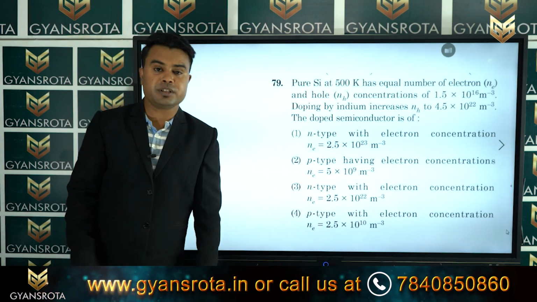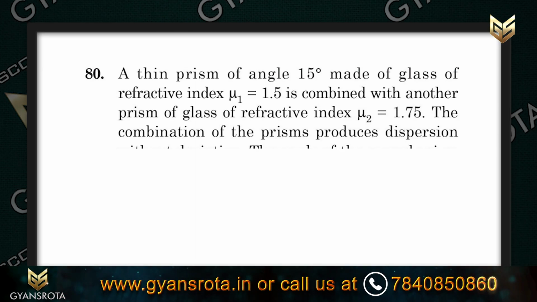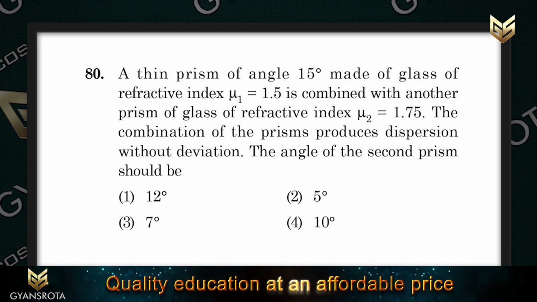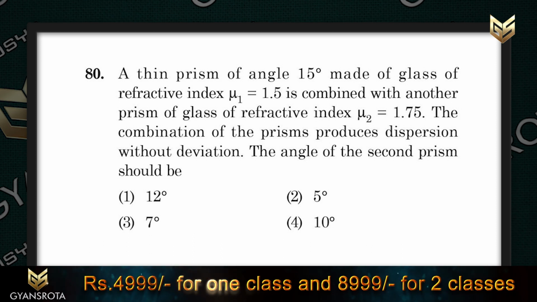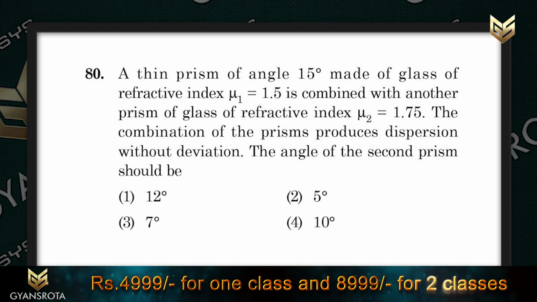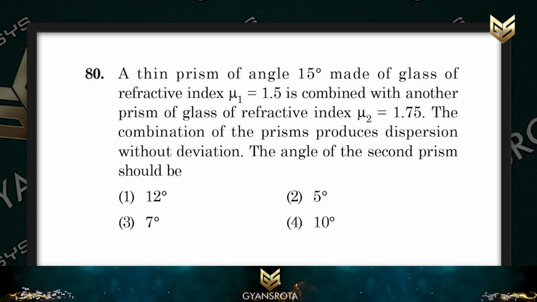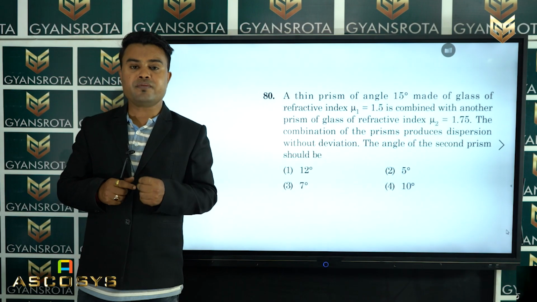So this is all from this question. Now let us move to the next question, question number 80. A thin prism of angle 15 degree made of glass of refractive index mu1 is combined with another prism of refractive index mu2 1.75. The combination of the prisms produces dispersion without deviation. The angle of the second prism is? The angle of deviation is the same for both of them.